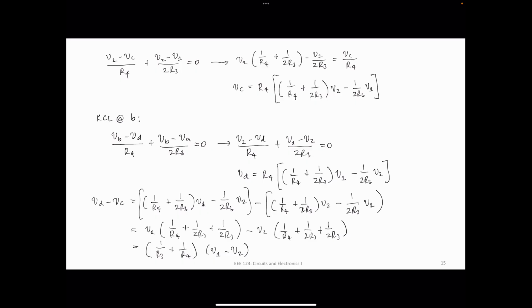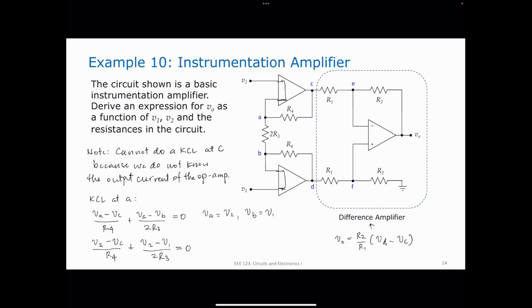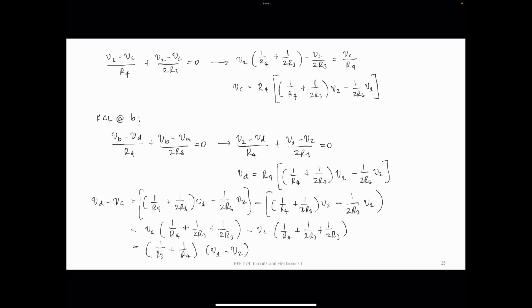Okay. And so, finally, what is V sub O? V sub O is R2 over R1. Let me just make sure I got this right, no? Sorry. I cannot cancel out. I shouldn't have cancelled out this R4, because this is not equal to 0, no?